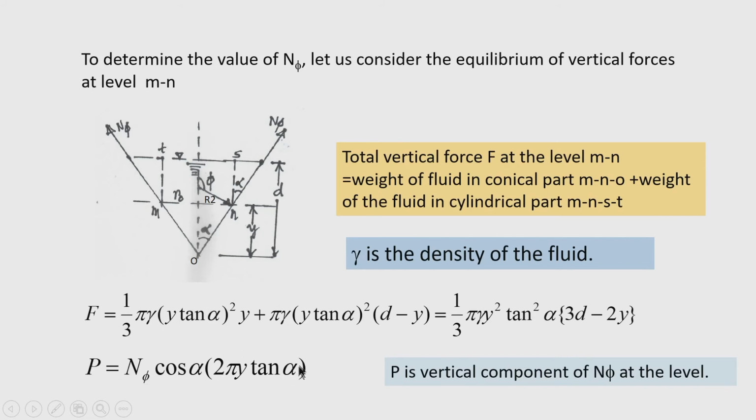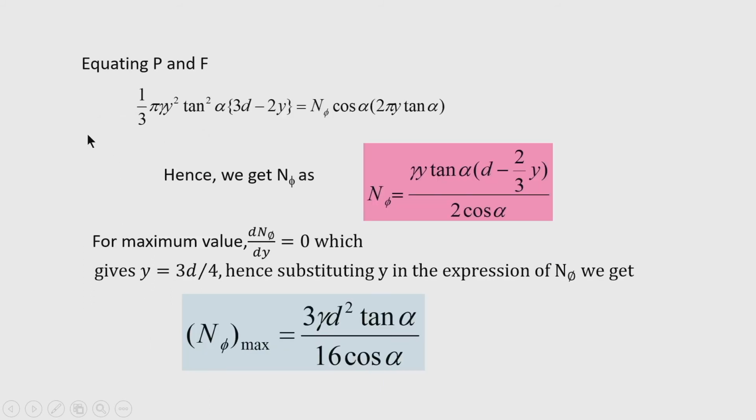So, we get this total vertical component of n phi, P. Equating P to F, we write the equation 1/3 pi gamma y square tan square alpha (3d minus 2y) equal to n phi cos alpha into 2 pi y tan alpha, from where we can extract n phi. So, n phi is gamma y tan alpha into (d minus 2/3 y) divided by 2 cos alpha.